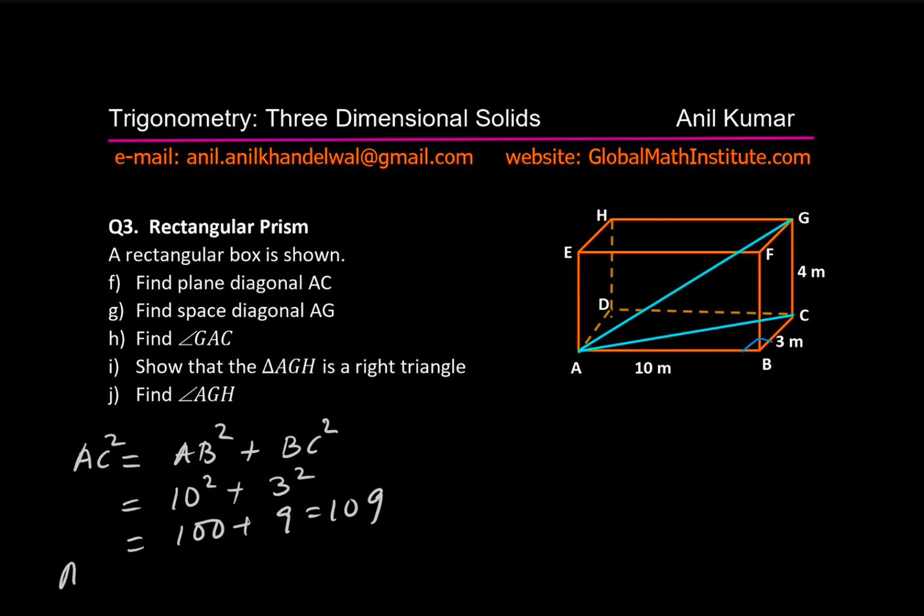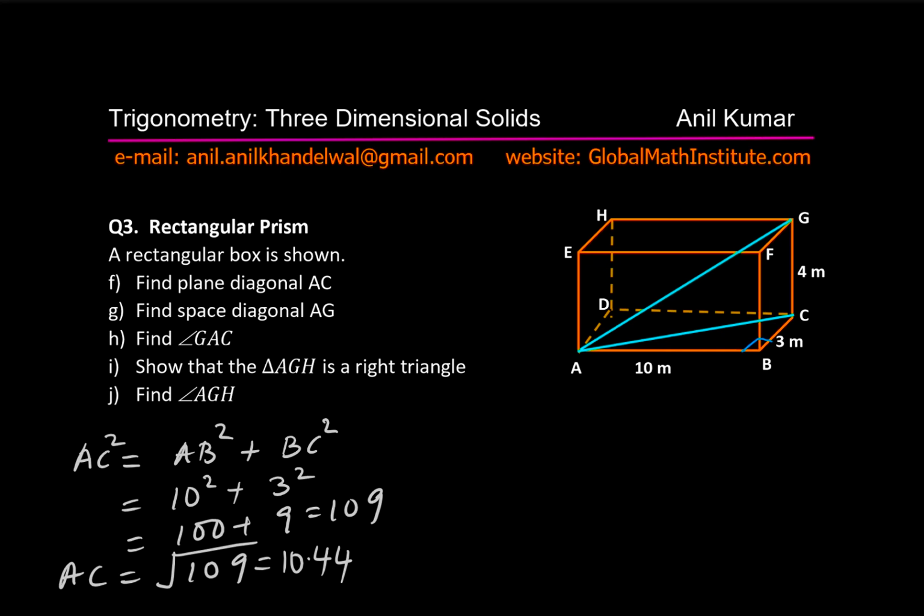So AC is equal to the square root of 109. Let's use the calculator to find this value. Square root of 109 is, in decimals, 10.44. So we'll write this as 10.44.